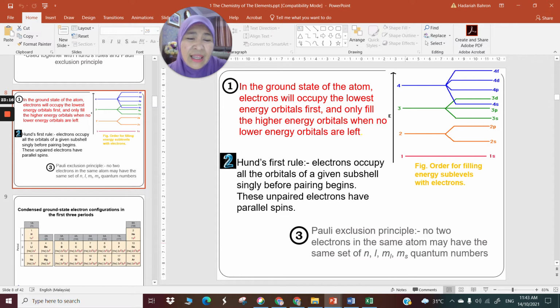This is actually the address of electrons in the periodic table. Macam kita kan rumah banyak, there are many houses in a village or in a terrace area or wherever. Each house has its own address. So n, l, ml, and ms, those are the addresses of the electrons, just like humans.